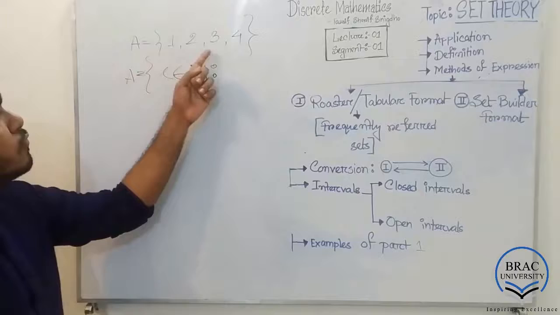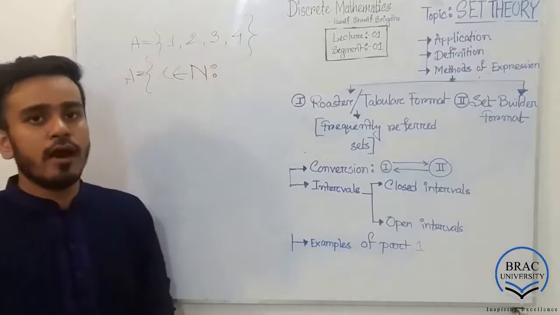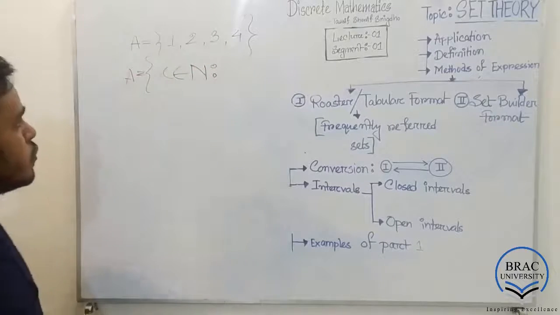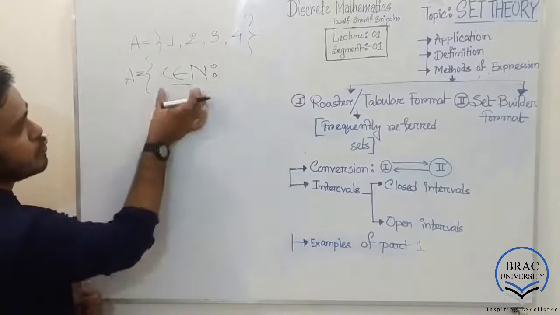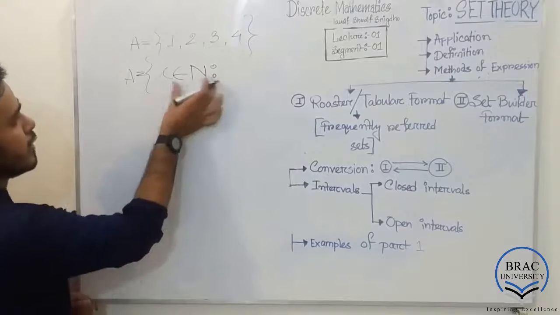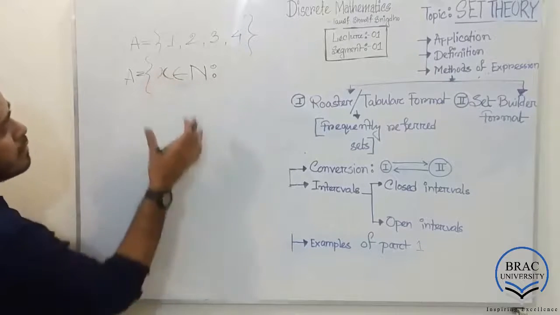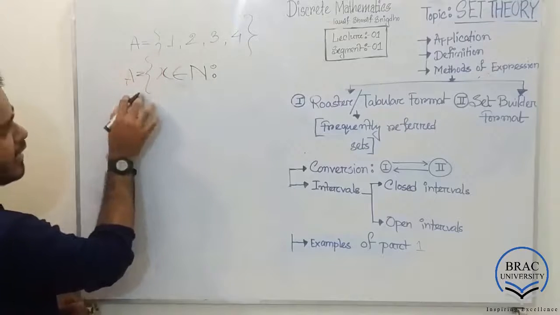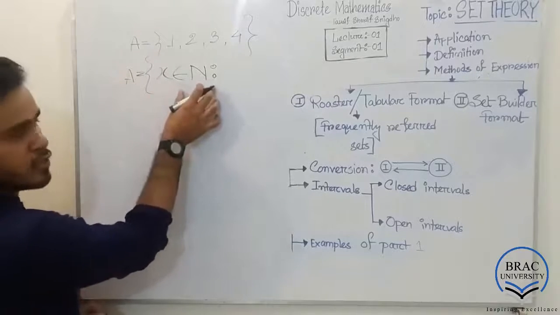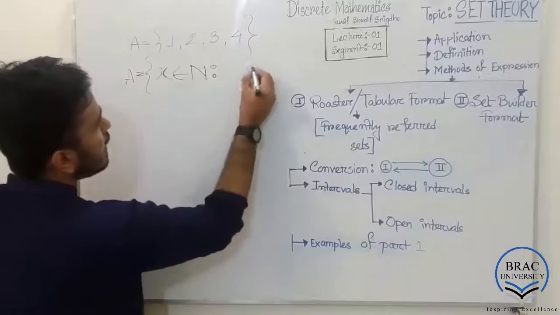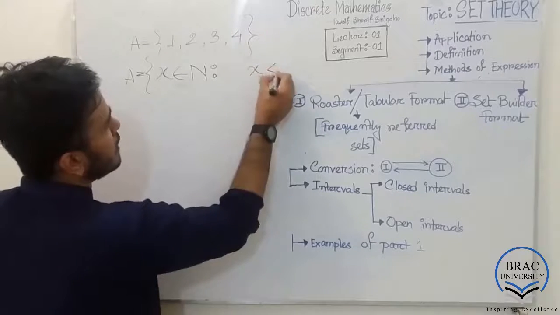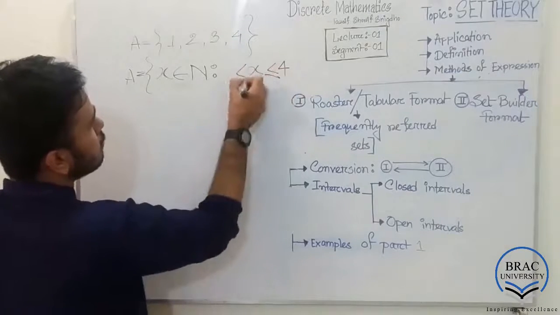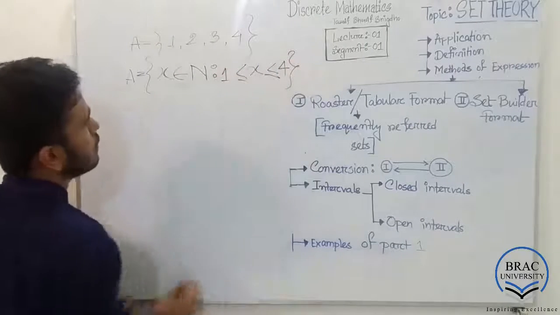Because see, all of those elements of set A are natural numbers. So this sign refers to belongs to, that means x is the common element of set A and it will always be a natural number, and x will be less or equals to 4 and greater or equals to 1.